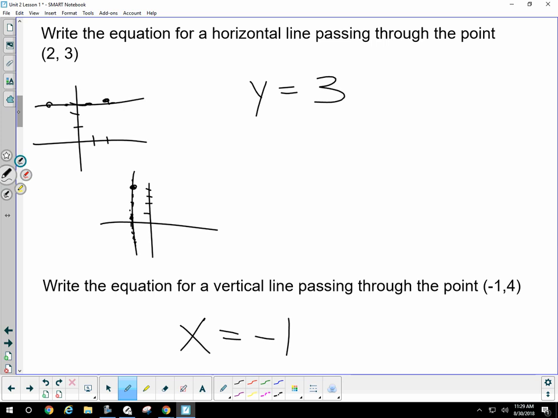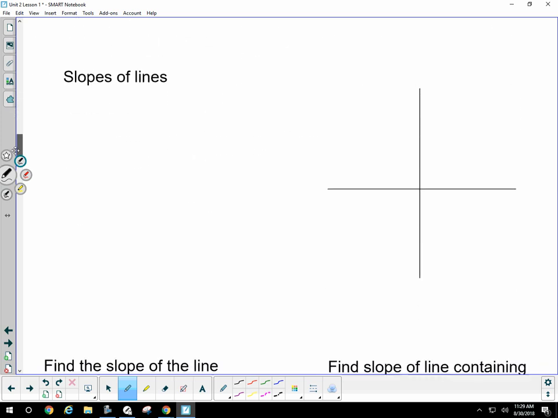Now, lines are great because lines have what we call a slope. It is the rate at which the y's are increasing or decreasing consistently.